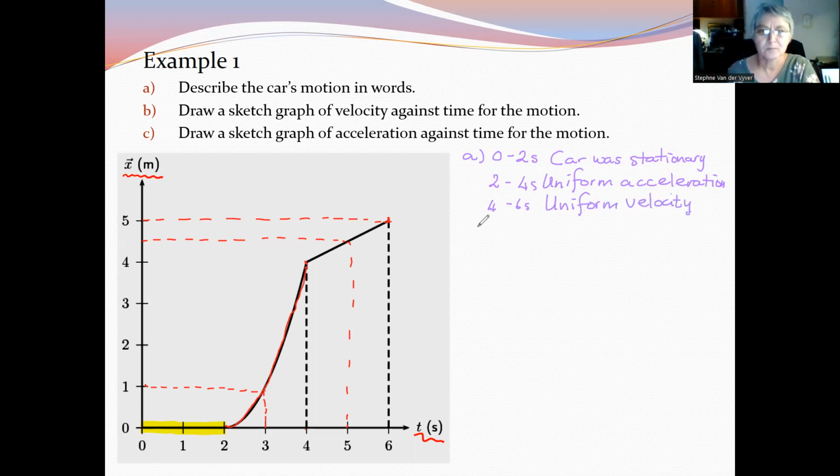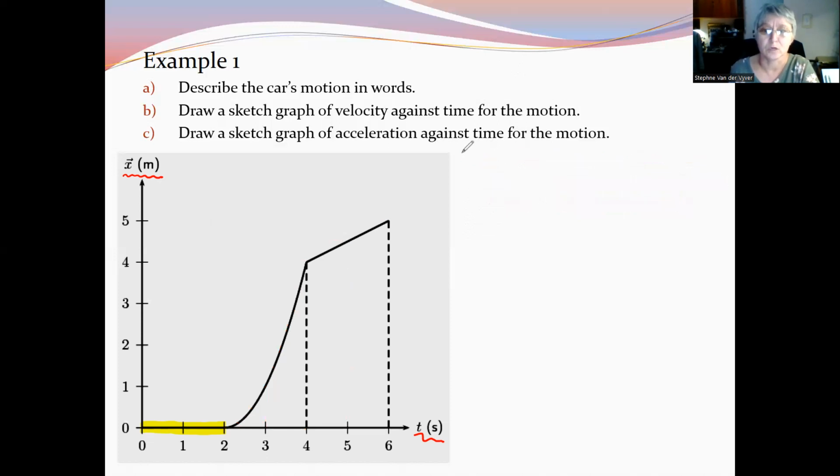Question B asks us to draw a sketch graph of velocity against time for this motion. So for question B, a velocity time graph. Remember, we need to label the axis properly.